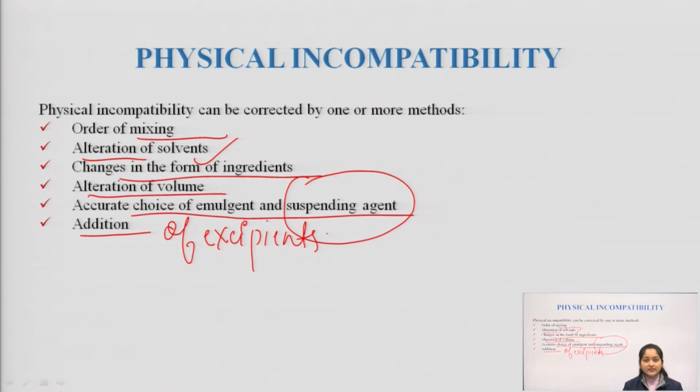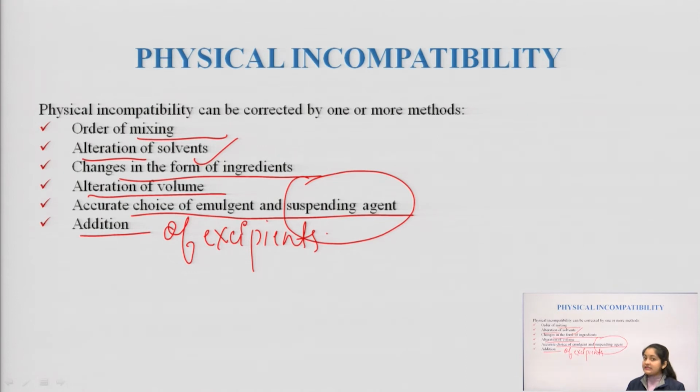While preparing a tablet, if we are adding orange flavor to it, there is a change in the odor because of the reaction of that orange flavor with the medicament. So, the selection of excipients plays an important role in deciding whether our formulation is going to remain stable or not. So, addition of excipients is definitely a very important role.